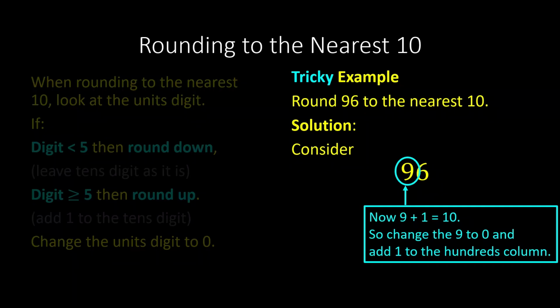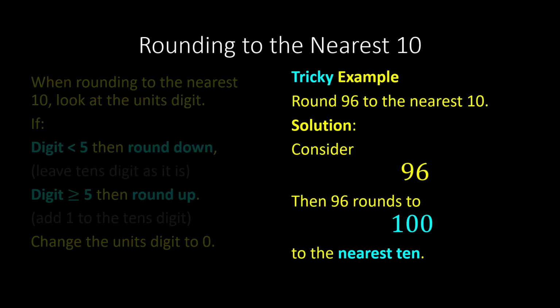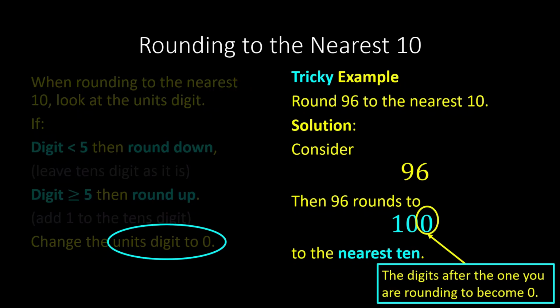Now, when we add 1 to 9, it becomes 10. So we change the 9 to 0 and add 1 to the hundreds column. And therefore, 96 rounds to 100 to the nearest 10. Notice that the digits after the one you are rounding to become 0.